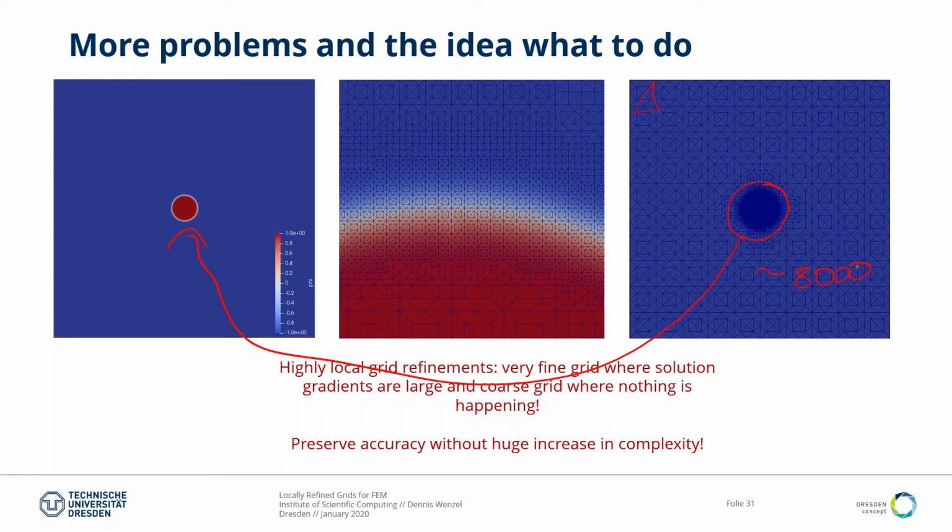That's still a huge number, but if you compare 8,000 to 1,000,000, that's more than a factor of 100, and it's still giving you those results. So sometimes you need those highly local grid refinements, for example for those phase separation problems. You need a very fine grid where the solution gradients are large and a coarse grid where nothing is happening. And then you can get this accuracy without needing to increase your complexity that much. And that's exactly what you want.